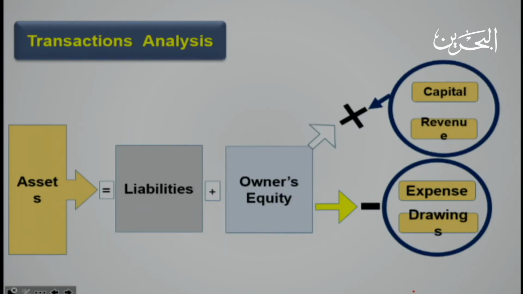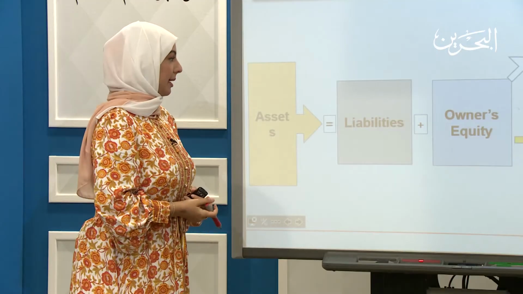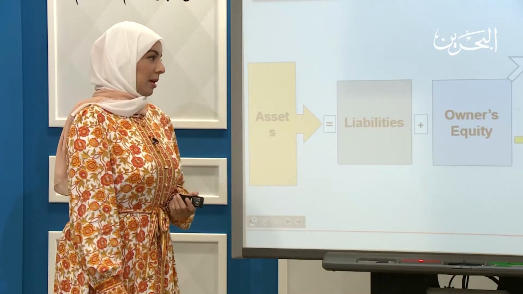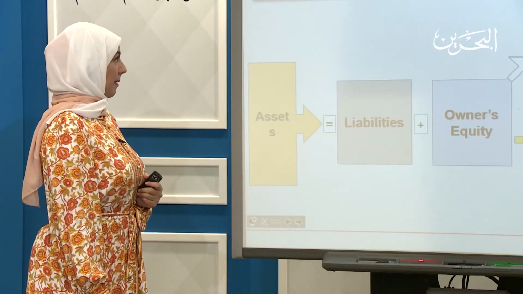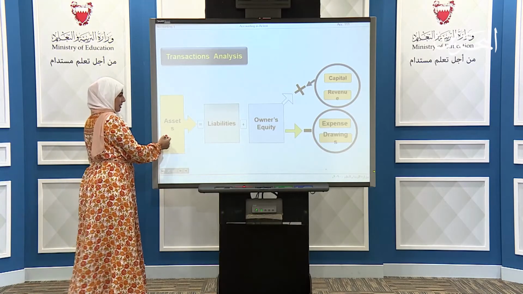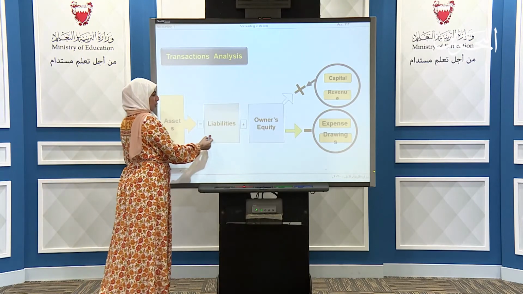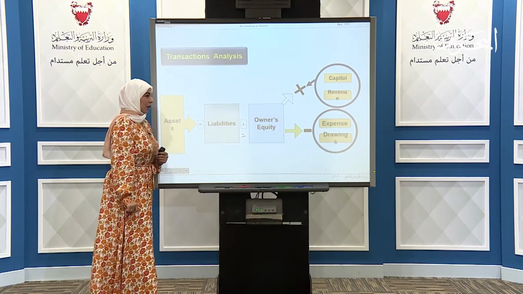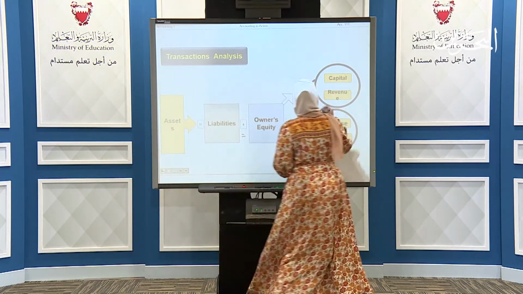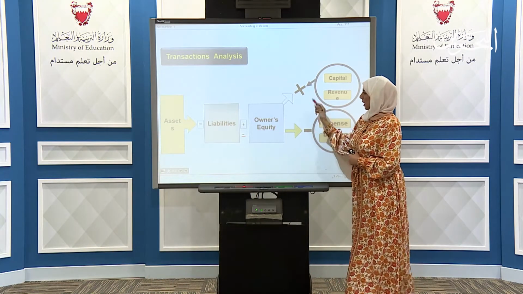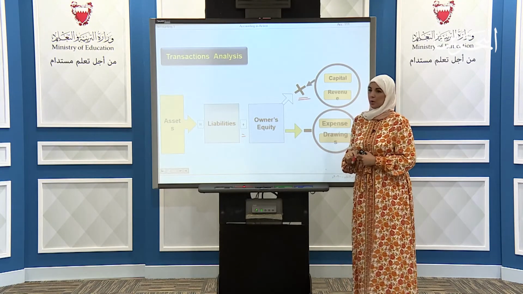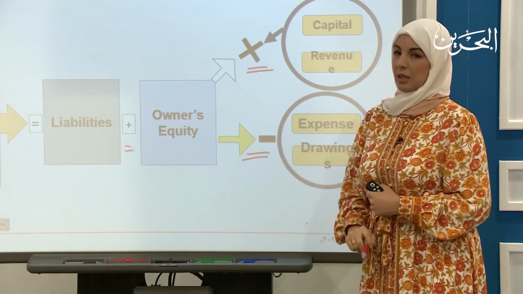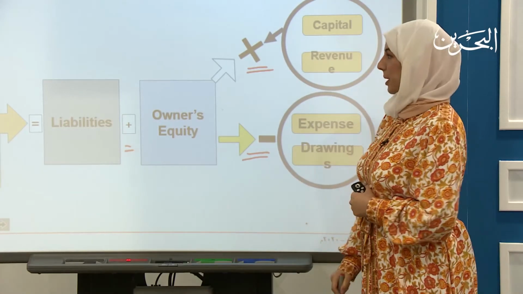Then, my dear student, let us take a look at our equation and explain it in more detail. I have the assets. It will be equal to the liability plus the owner equity. But on the owner equity side, I have two parts. The first part will increase the owner equity of the company, and the other part will decrease the owner equity of the company.